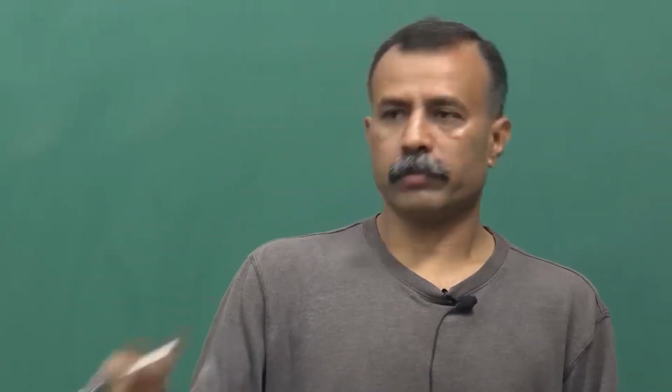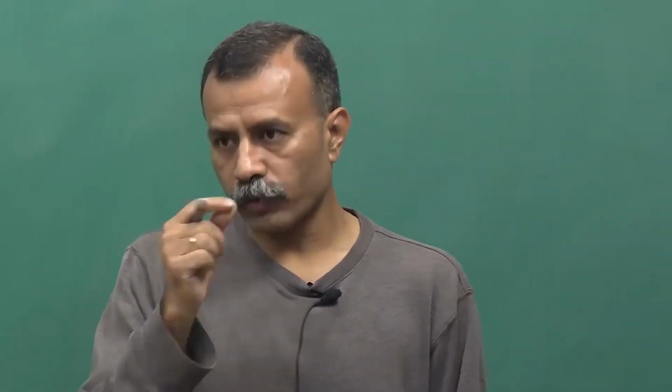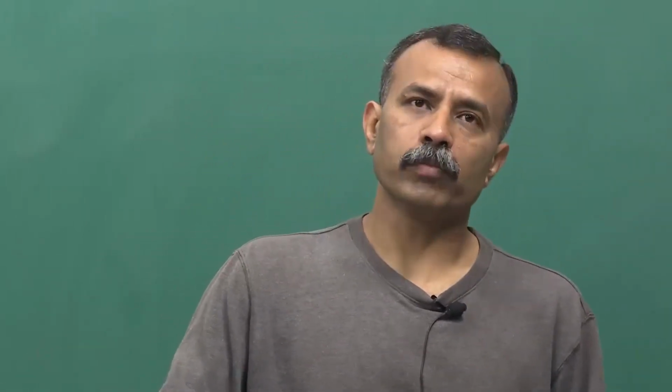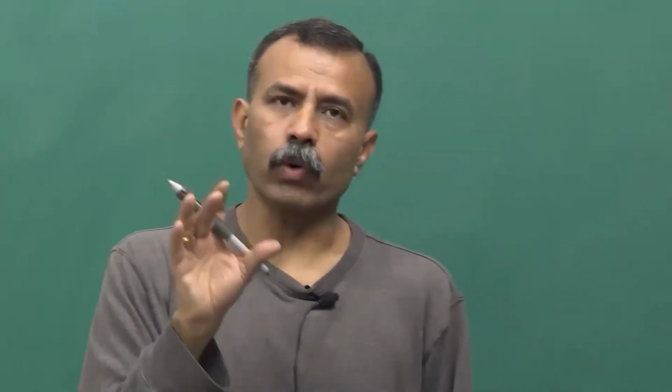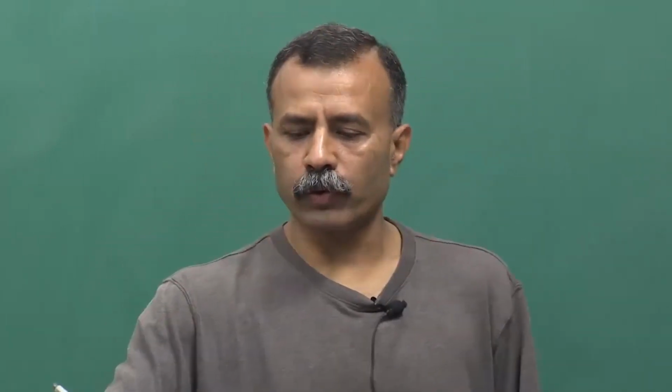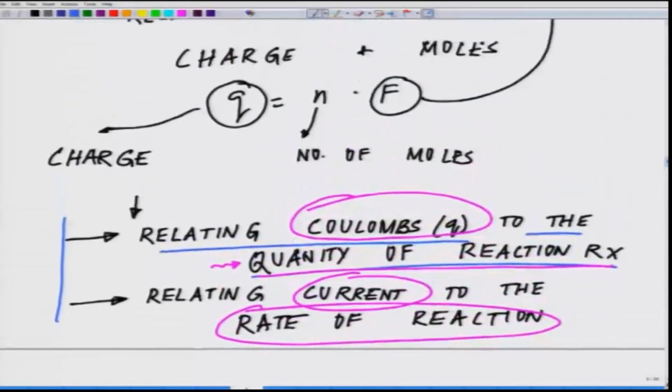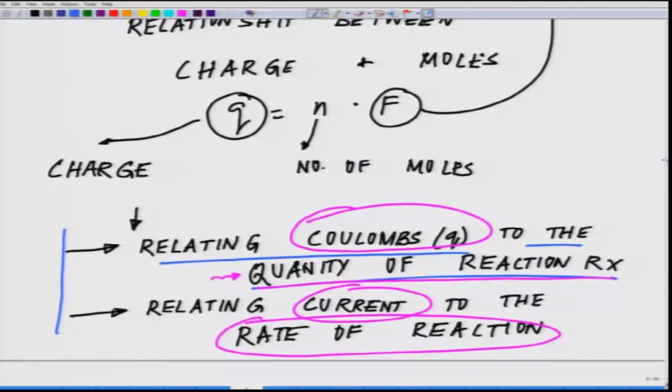Using Faraday's constant, if you multiply it with the number of moles, you get the quantity of charge. If you recollect, this is where we ended the last class: this is the amount of charge, this is the number of moles n, and this is the Faraday's constant.